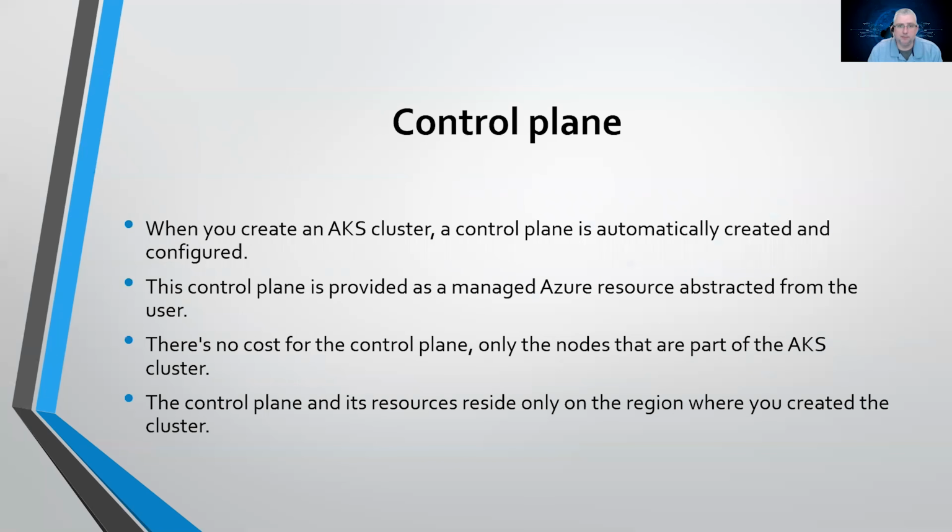Now, the control plane is automatically created and configured based on those parameters you put in, and then you don't have to do anything for it, right? There's no cost. There is a VM that's deployed out for that, but you don't pay for it. Azure covers that, okay? And it does reside in the region where you created it.